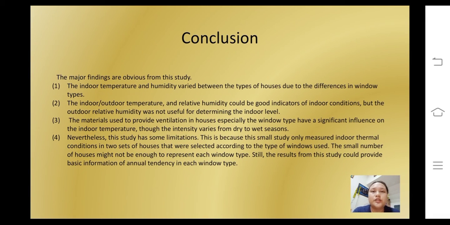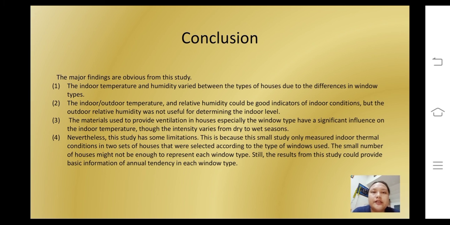Lastly, for the conclusion, the major findings obvious from this study is that the indoor temperature and humidity varied between the types of houses due to the differences in window types. Second, the indoor-outdoor temperature and relative humidity could be good indicators of indoor condition, but outdoor relative humidity was not useful for determining the indoor level.